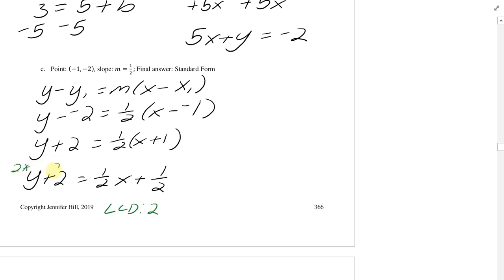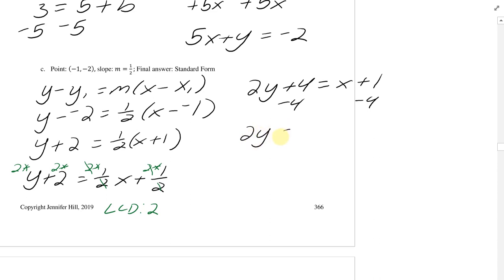So if I multiply everything by 2 just to clear out the denominators, look what will end up happening. The 2's will cancel out here and here. So in the end, I'm left with 2y plus 4 equals x plus 1. And I would much rather just now go ahead and find the standard form of this and press forward with the problem than having to deal with the fractions. So that's something that you can do after you distribute and kind of get that all set up.